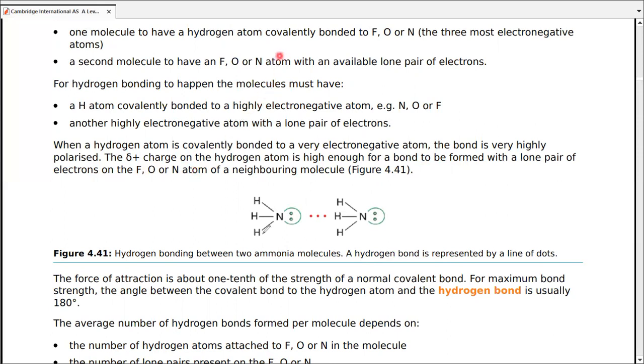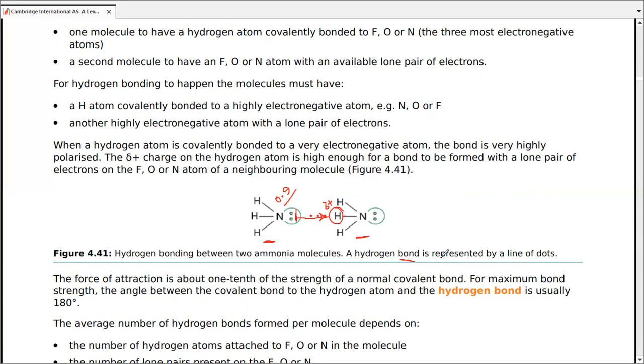Take a look. We have two ammonia molecules. Now, this bonding has a difference of 0.9 on the scale of electronegativity. So this hydrogen would be so much partially positive that it would easily be able to take up this lone pair of electrons from this nitrogen to be shown as a hydrogen bond.